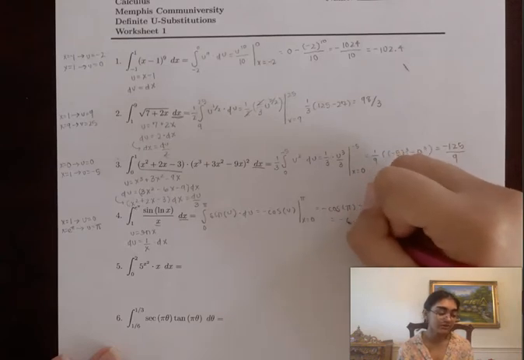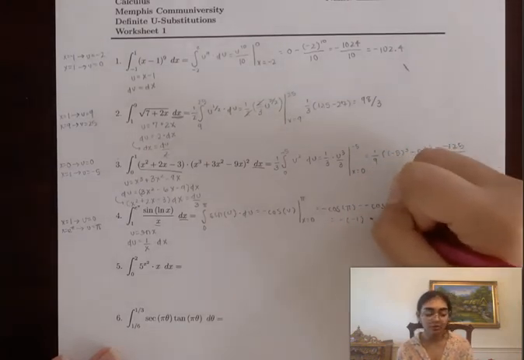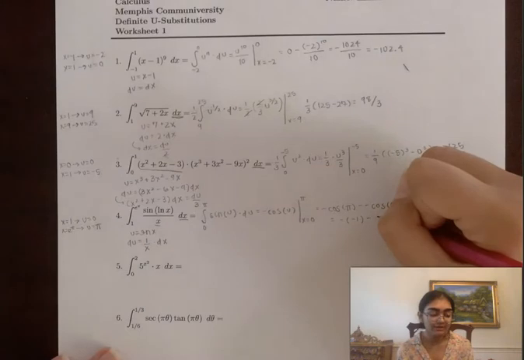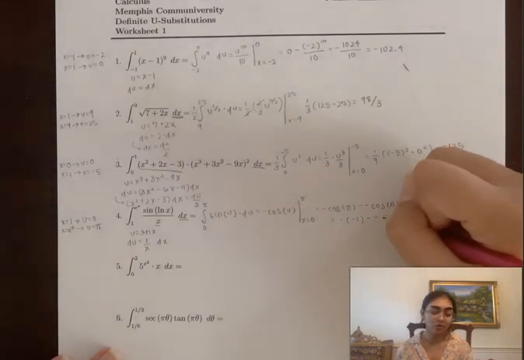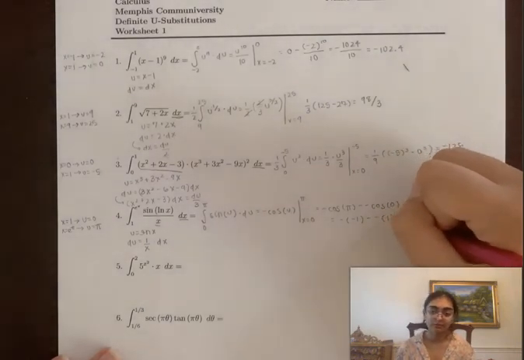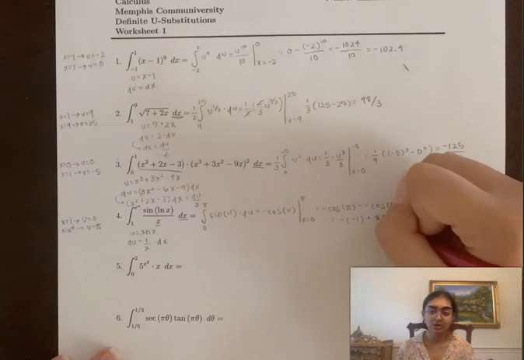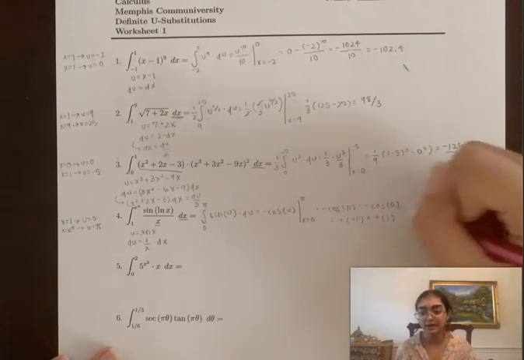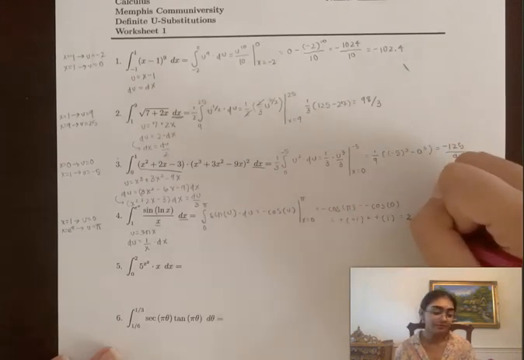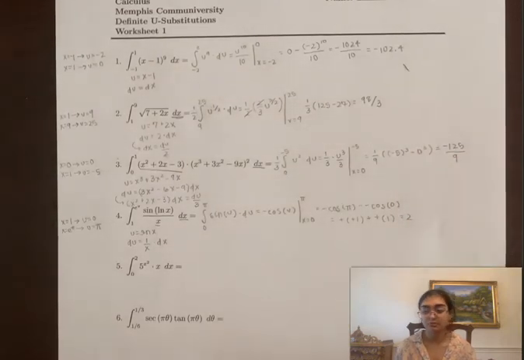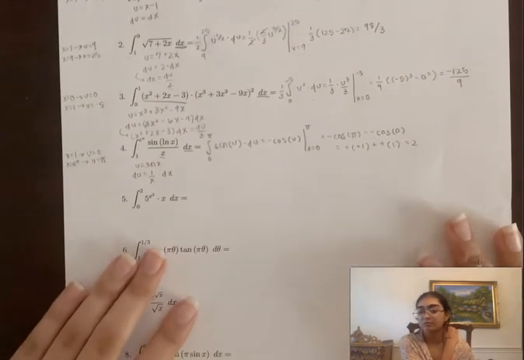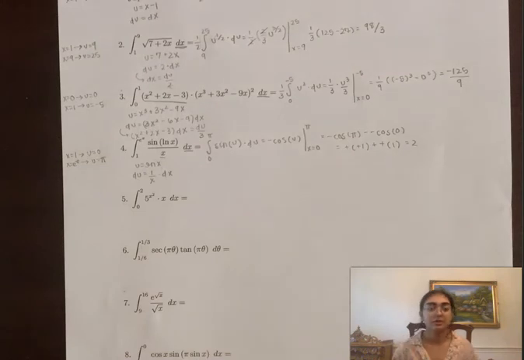So that's going to give us negative -1 minus -1. And you can go ahead and cancel all of those negatives and minus signs out. And our final answer is going to be 2, because 2 negatives equal a positive. 2 positives also equal a positive, not a negative, in math at least.